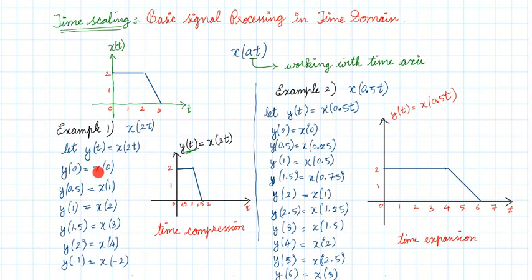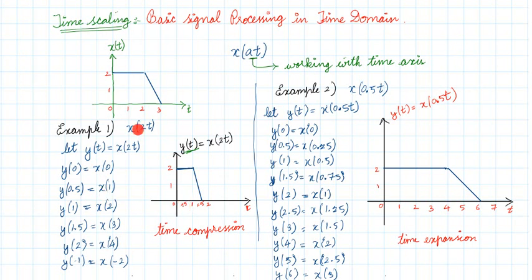Okay. So what I got? Y of 0 is equal to x of 0. So this is coming here. Similarly, what about y of 0.5? Y of 0.5 is equal to x of 1.